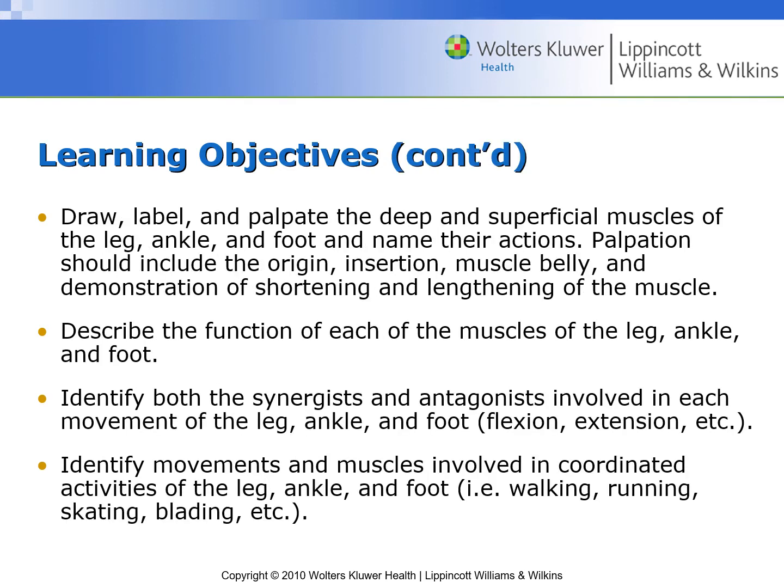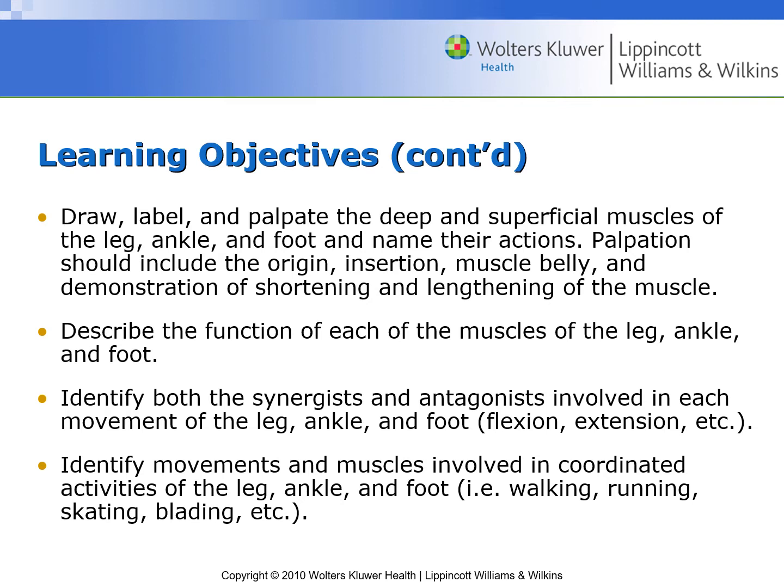We're going to draw, label, and palpate the deep and superficial muscles of the leg, ankle, and foot, and name their actions. And as always, palpation should include the origin, insertion, muscle belly, and demonstration of shortening and lengthening of the muscle. We're going to describe the function of each of the muscles of the leg, ankle, and foot.